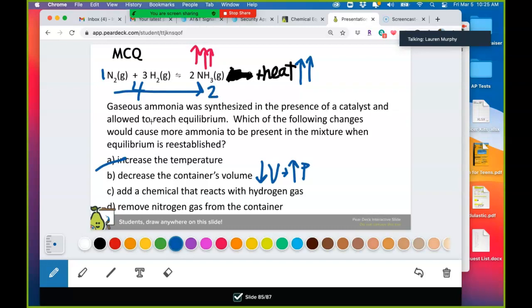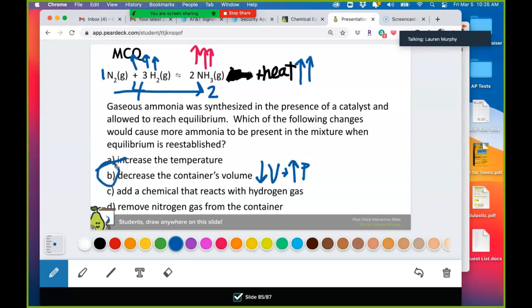So remember, the more gas particles you have, the more pressure you have. More gas means more pressure, meaning increasing the pressure will have the biggest stress on the side with more moles of gas, meaning my reactant side will be the most stressed under this set of circumstances. And if this side is too stressed, I'm going to shift to the right and make more ammonia.